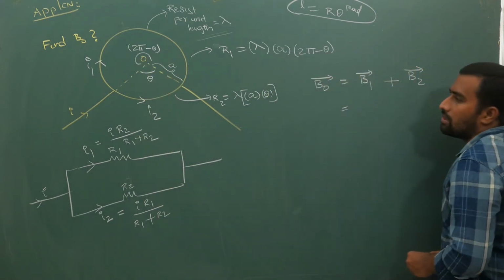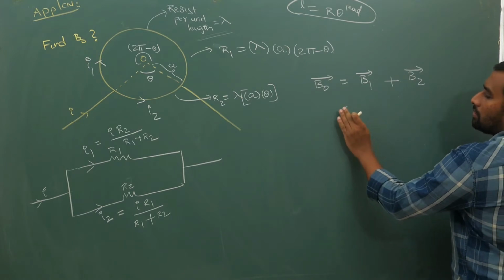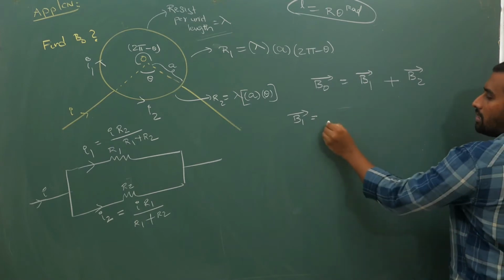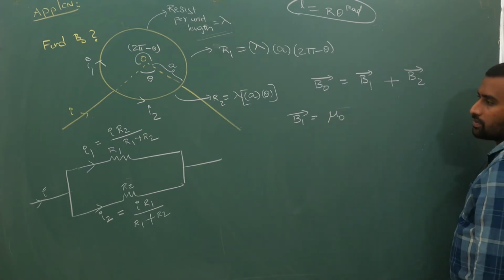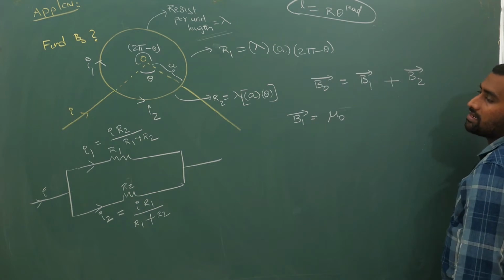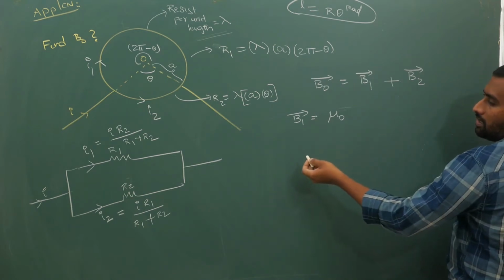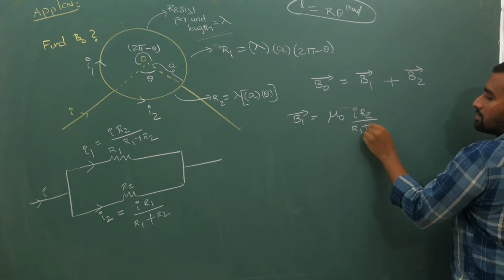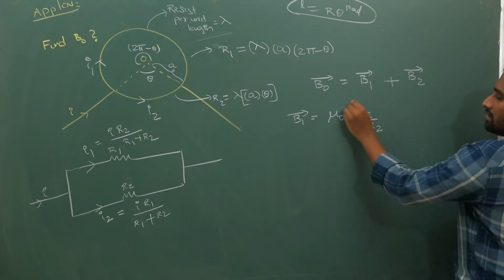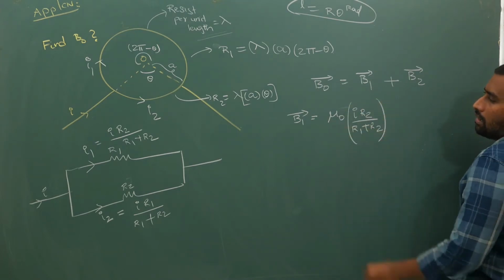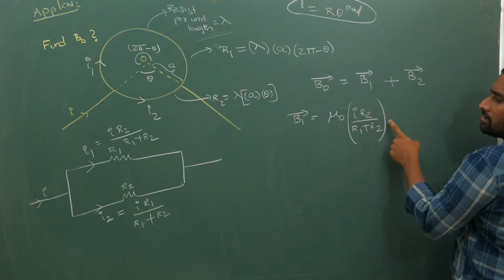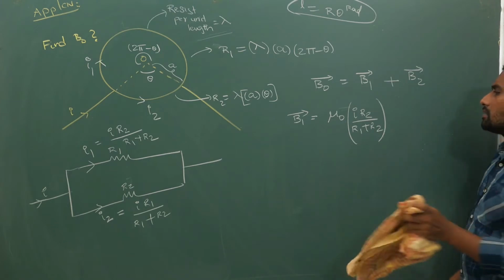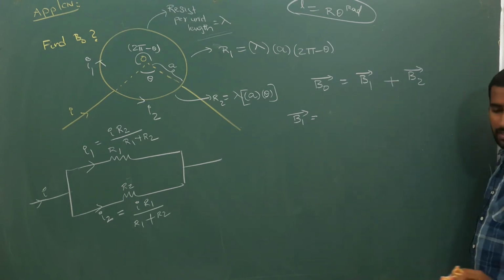B1 is mu naught times I1, where I1 is I R2 by R1 plus R2. For clarity and to save some space, I will put it in a better manner.